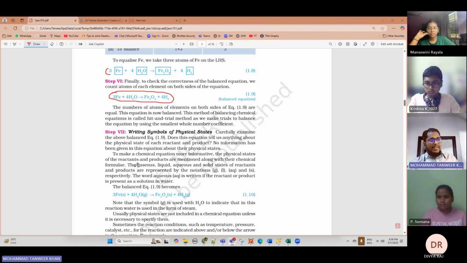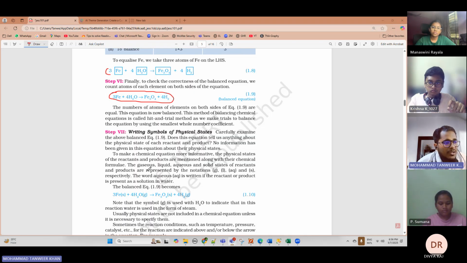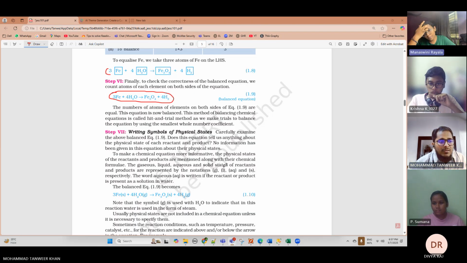Okay. The gaseous, liquid, aqueous, and solid states of reactants and products are represented by the notations G, L, AQ, and S. If it is written as G, it means it is gaseous. If it is written as L, it means it is liquid.